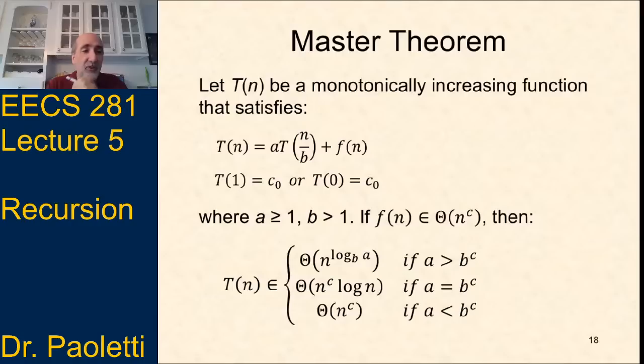So first of all, T of n is our recurrence relationship. It says we're going to assume it's a monotonically increasing function, which means as n becomes larger, T of n always increases. It never flattens out. It never ever goes down. So we've got to make that assumption for the master theorem to work. Now with computer stuff, this is a reasonable assumption.